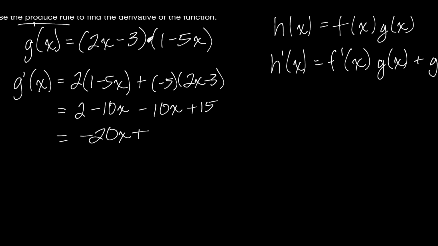plus 17. So a lot of times when you first see this, you're like, really, does that work? I'm not sure that works. So what I like to do is say to students, take this, multiply it out. So just take your g of x and multiply that out.